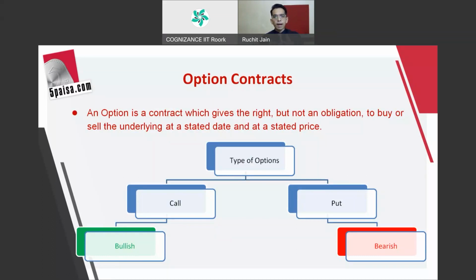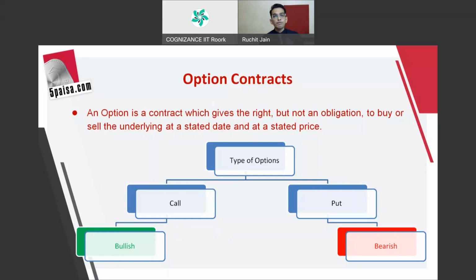Remember, there will be two parties. If you are buying some call option or put option, there will be another party who is selling the option, right? There is always a buyer and a seller. So one is the buyer of an option and one is the seller of an option. From an option buyer's perspective, call means bullish and put means bearish. Okay, I'm speaking just from an option buyer's perspective. From the option buyer's perspective, call means bullish.